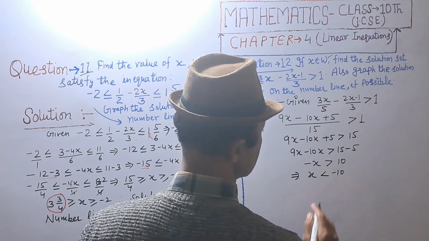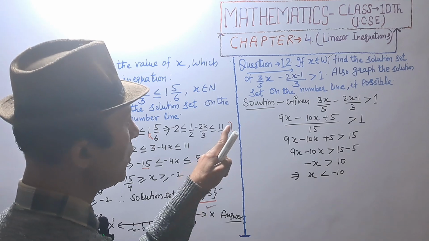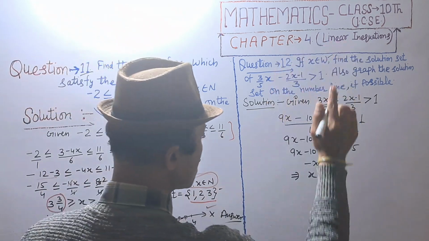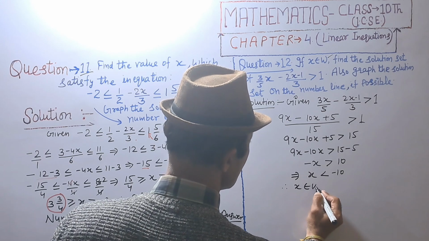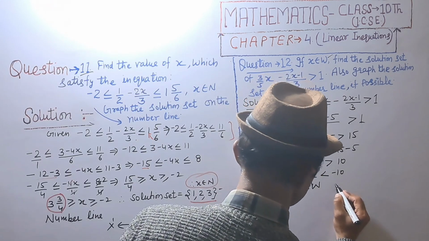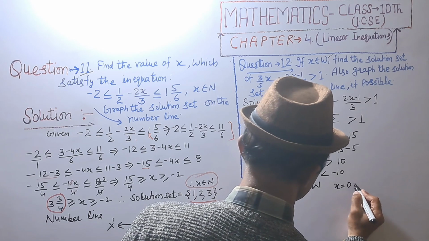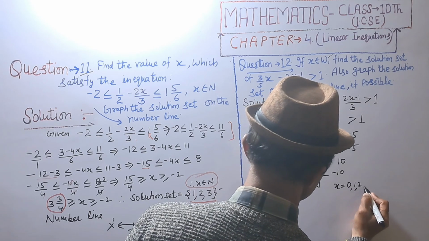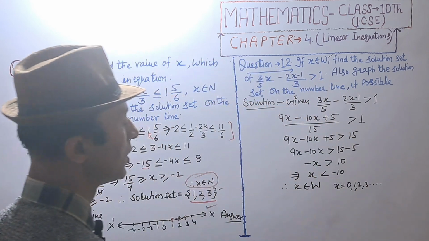So x < -10. According to the question, x belongs to whole numbers, and whole numbers are x = 0, 1, 2, 3 and so on.